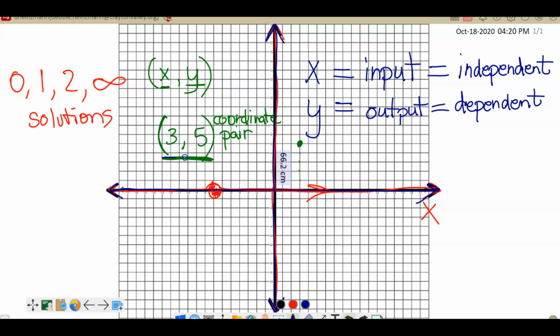And you do that by looking at a coordinate pair of points, x, y, and you find your x first, you count your x, and then you count your y, and you draw a point. So let's go practice plotting some points in the coordinate plane.